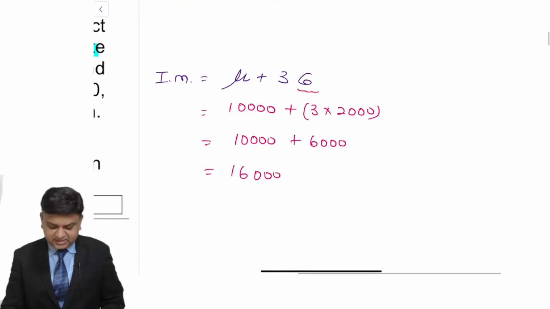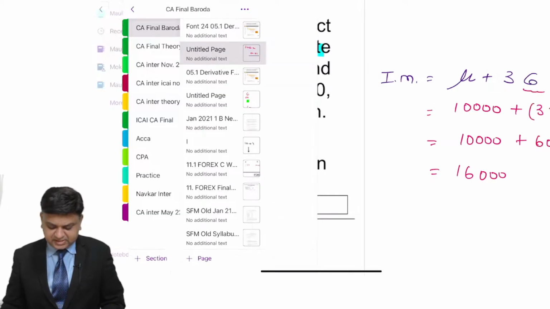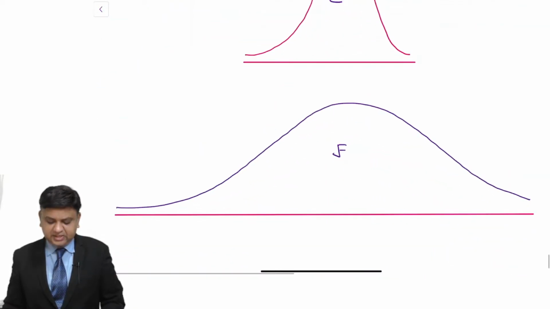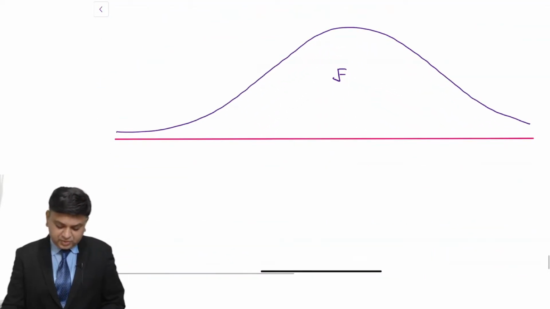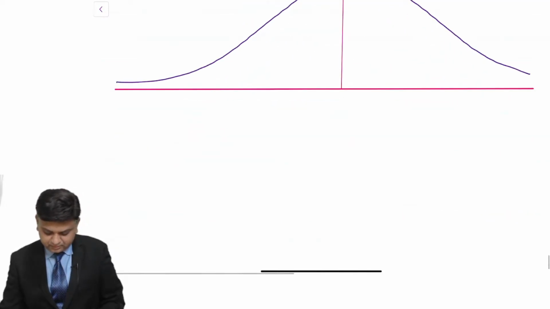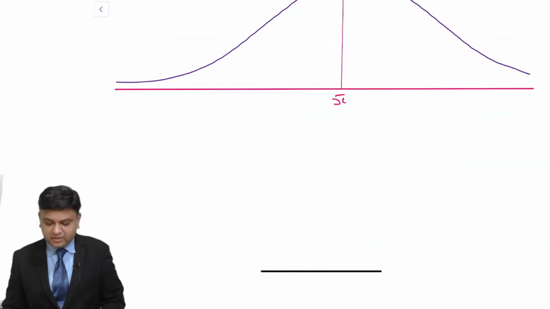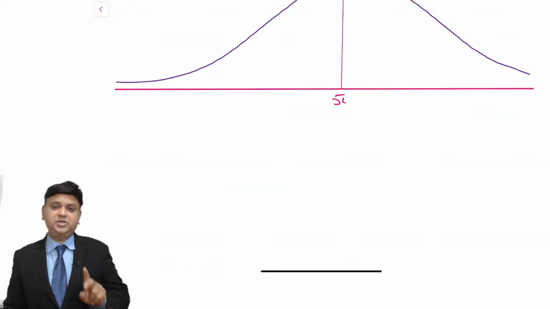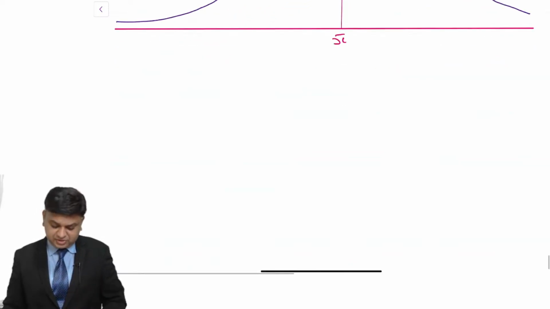Basically, the standard deviation is a statistical term which indicates the volatility. Over here the mean value, x bar, is plotted exactly in between. Then x bar plus or minus 1 standard deviation, 2 standard deviation and 3 standard deviation.